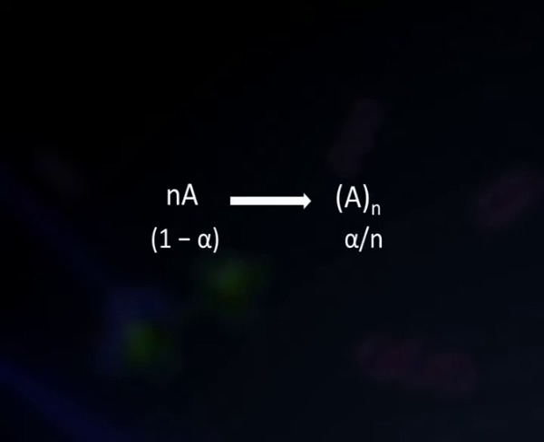Now we will discuss calculation of van't Hoff factor in case of association. Let us take n molecules of A which associate to give one molecule of An. Therefore, number of unassociated molecules after association will be equal to 1 minus alpha, and number of associated molecules will be equal to alpha by n, where alpha is the degree of association.